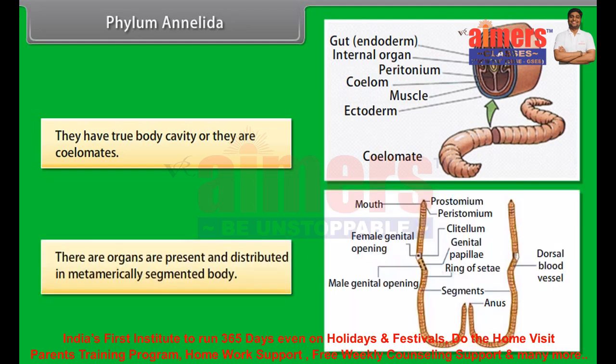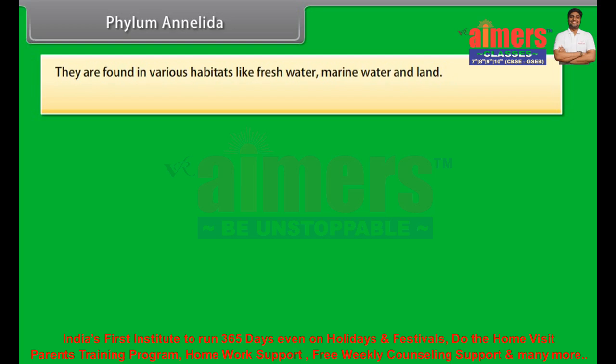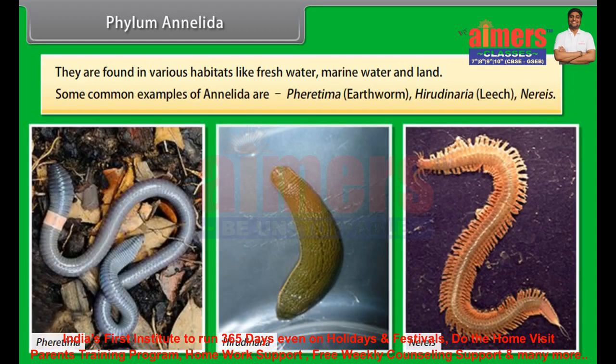Organs are present and distributed in a metamerically segmented body. They are found in various habitats like freshwater, marine water, and land. Some common examples of Annelida are Pheretima, earthworm, Hirudinaria, leech, Nereis.